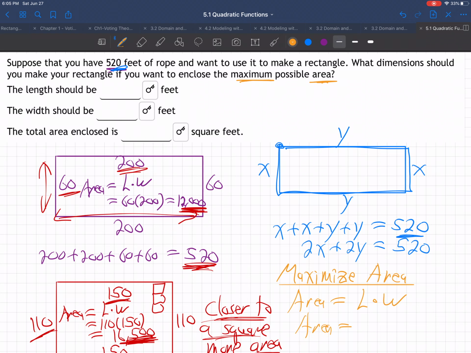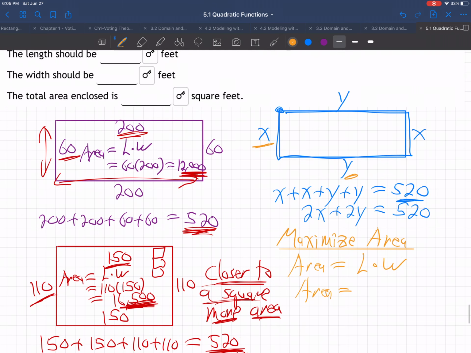Well, it's the x and the y. It doesn't matter which one you call length and width. If you turn the rectangle, it doesn't matter. So the area is x times y, length times width. That's the total space inside the rectangle. That's the area, and we want to maximize that. We want to make that as big as we possibly can.